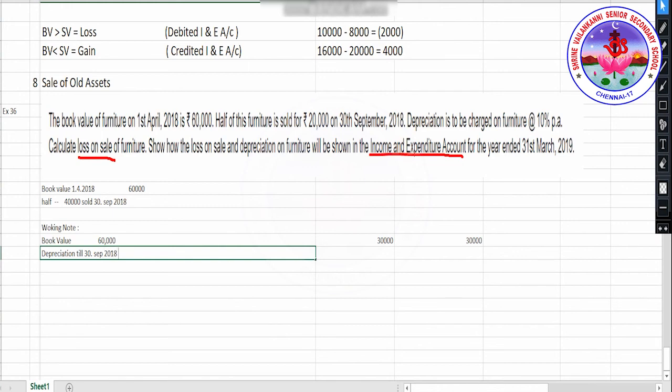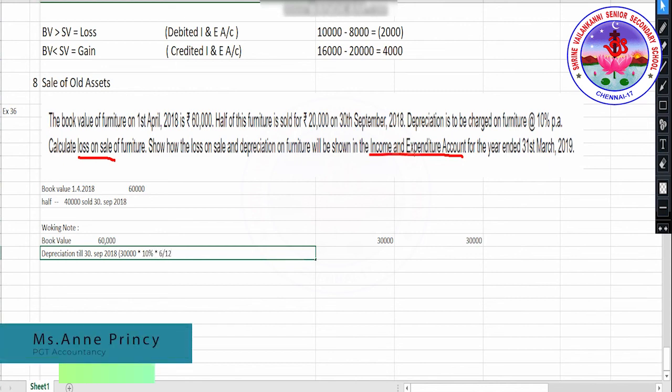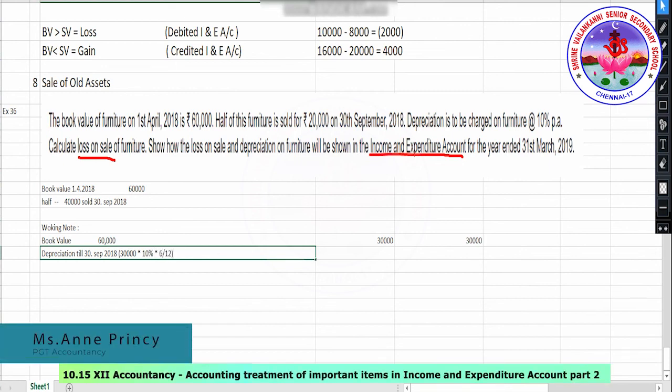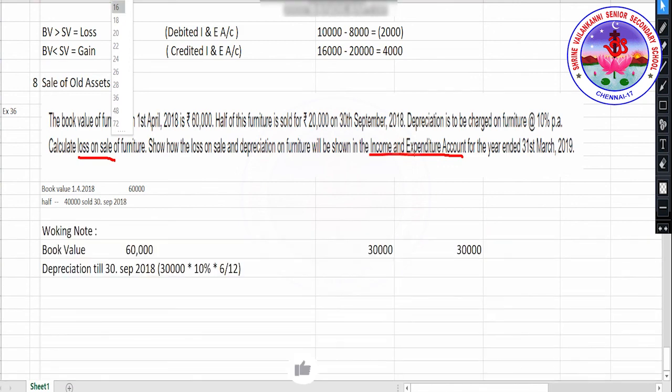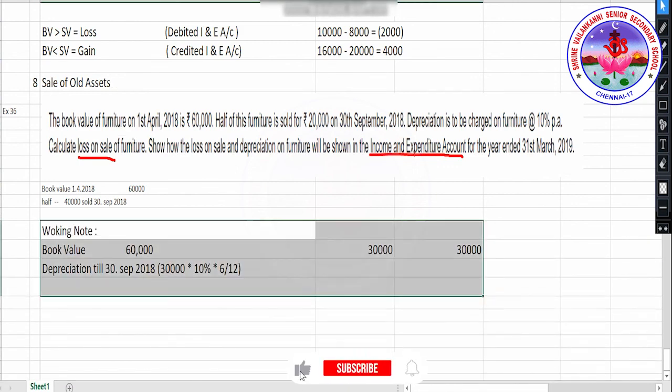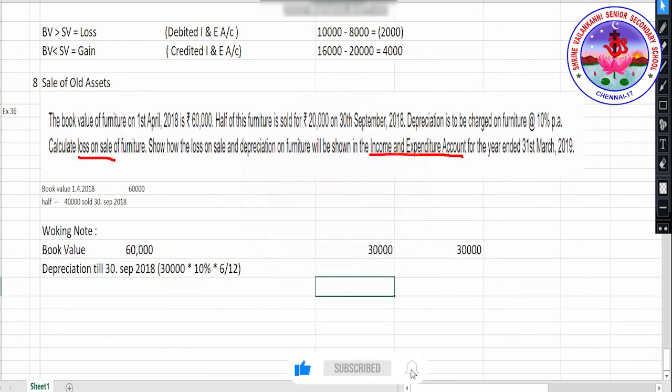What is the percentage of depreciation? 30,000 into 10% into 6 divided by 12. I hope that this working is clear. I'll just highlight it, make it bold. Now I think it's clear. I think we are coming to an end of this session.